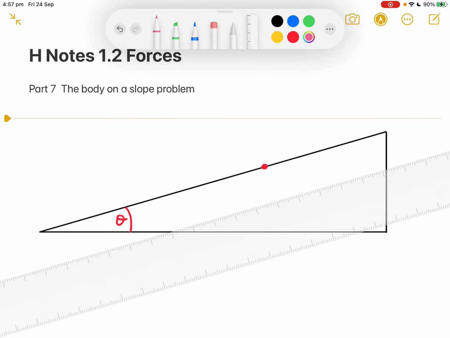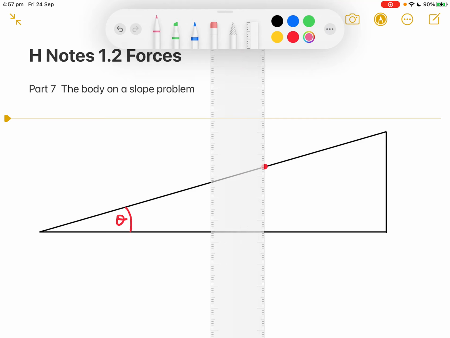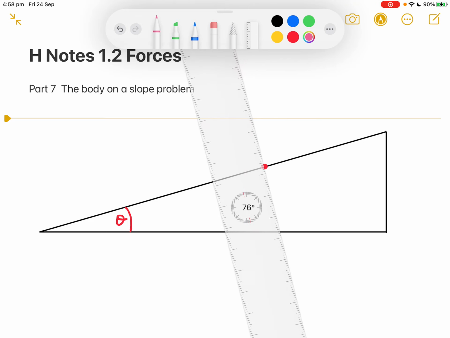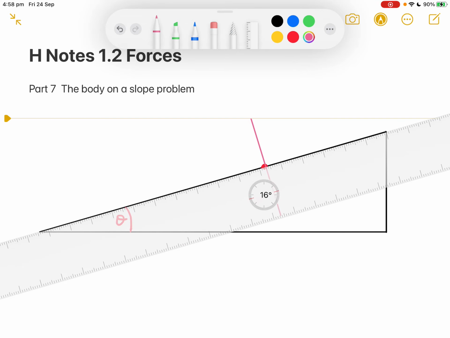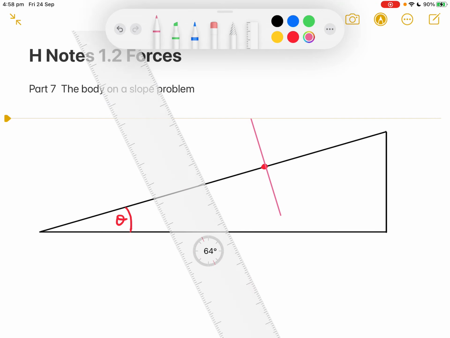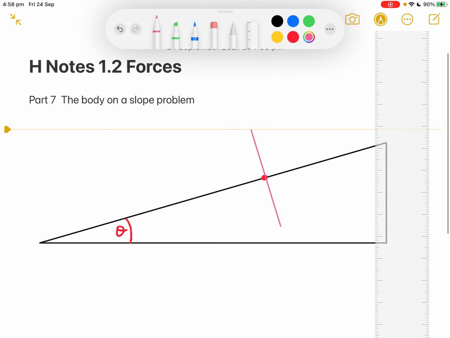So that's my body, could be a car, whatever it is. And I'm going to draw my axes perpendicular to the slope and parallel to the slope. Well, the slope already gives me that axis, so I don't need to worry about it.